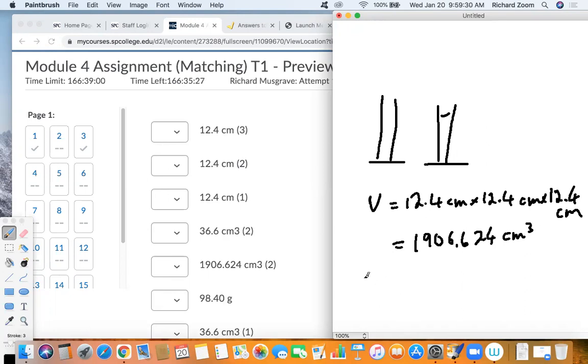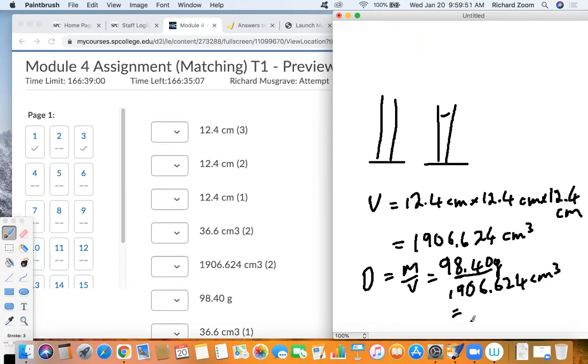And then we'll do the density is equal to mass divided by volume. The mass here is 98.40 grams, I think, divided by the volume, 1906.624 cubic centimeters, which is going to come out to be an answer in grams per cubic centimeter.